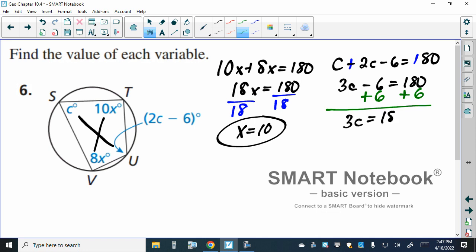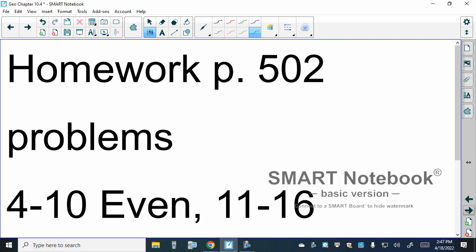You get 3c equals 186. 3 goes into 18 how many times? 6. How many times does it go into 6? So c is 62. That's it. Any questions on any of this here? And that is it. That's all we're doing for today.